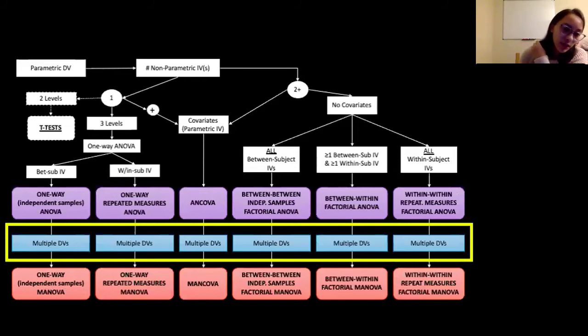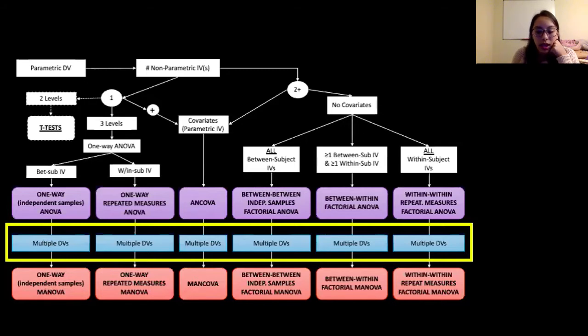You could either run a whole bunch of different t-tests, or you can still put that through a MANOVA. The way that you read the results is a little bit different, but it is possible. Basically, we add multiple dependent variables, we just change the name at the bottom. MANOVA, MANOVA, MANOVA. That's it. Okay. So this is the flow chart and the decision tree that I updated in your files this week.